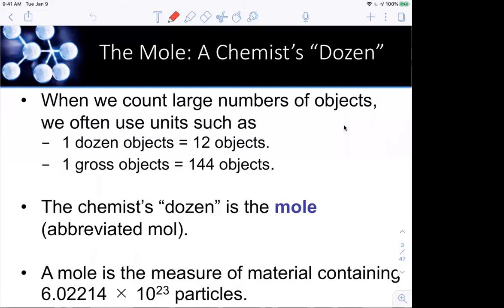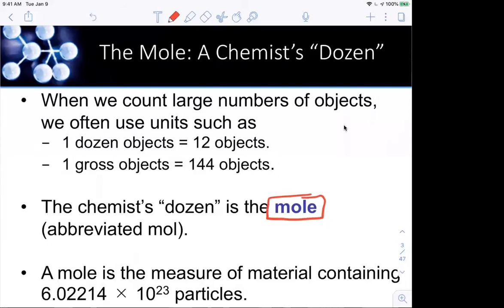If you have a gross of something, that specifically refers to 144 objects. So if I have a gross of pencils, I would have 144 pencils. The same principle applies to chemistry, and the chemist's dozen is going to be the mole.